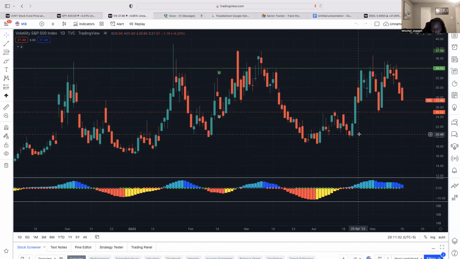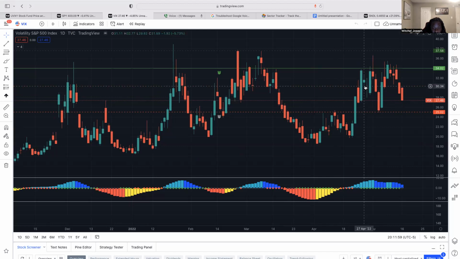When it comes back down under 20, that's when options become cheap again. Because the market started coming up a little bit, volatility did start going down in the last couple of days, but it still is considered high. So right now, if you play options, you're not going to get as good a risk to reward as you used to.